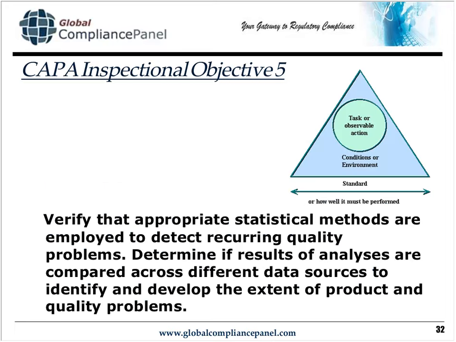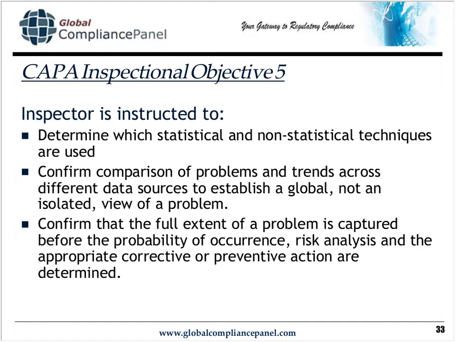The next inspectional objective takes a look at your statistical method and looks at whether analysis across different data sources is pulled together. What this requires is that you look at in-process and field reports, complaints or service issues, at one time, and we'll talk about how that pulls together in just a moment.